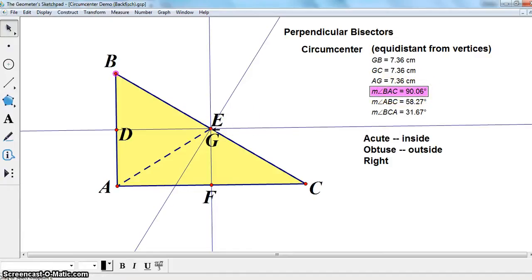Well, not only is G on the triangle itself, on the outside line segments, it's actually at the midpoint of the hypotenuse. So it's on the triangle. So on your chart, your first row was the circumcenter, so that's what you should have for those values.